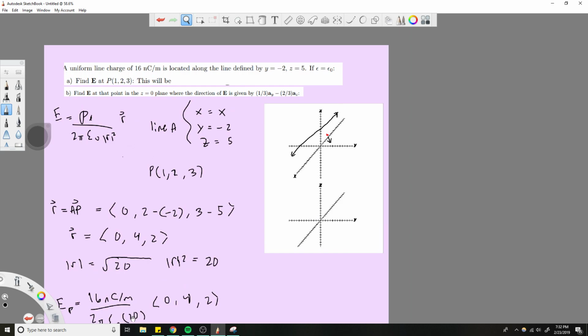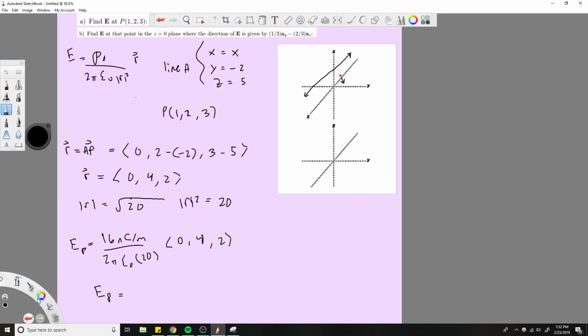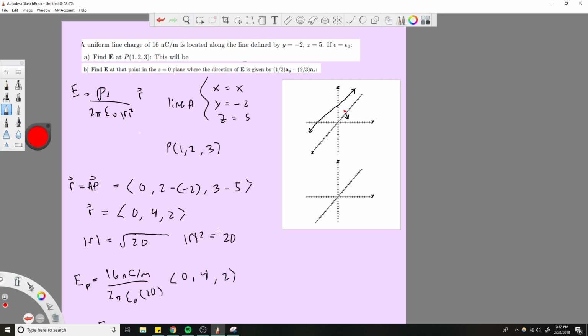So now let us do part B. Part B is pretty hard, not gonna lie, because you have to really get what's going on. Find E at that point in the z equals 0 plane where the direction of E is given by 1/3 a_y minus 2/3 a_z.